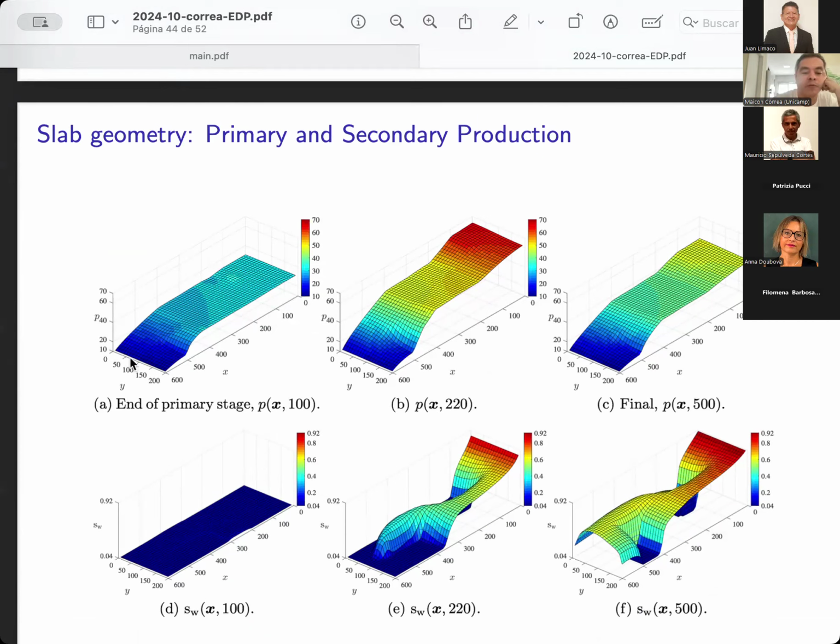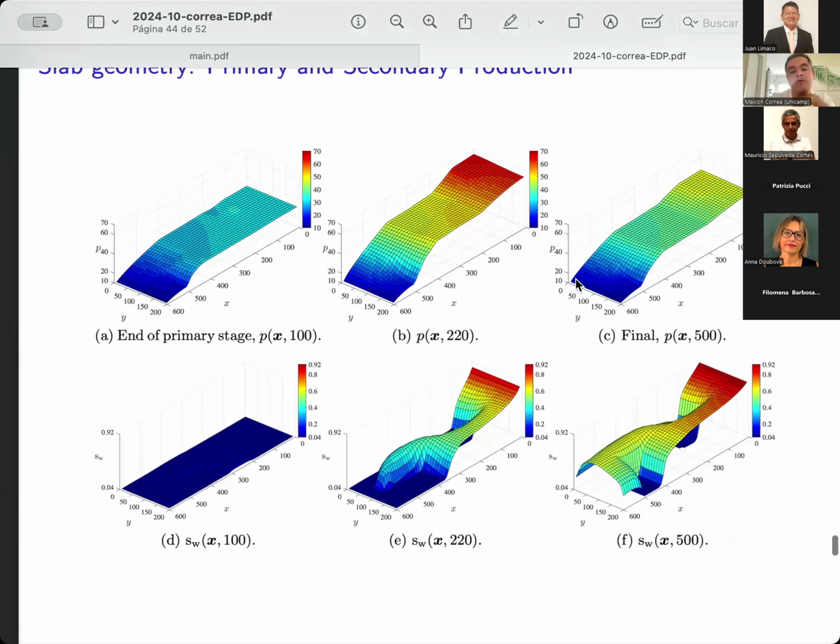Here you prescribe the pressure as 10 megapascal, and you are just producing oil by depressurizing the system. And after 100 days, you start injecting water. And so the pressure rises again in this part. This is where you are injecting. So this is the solution.